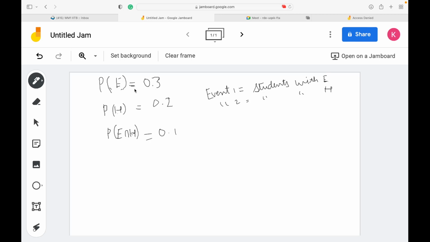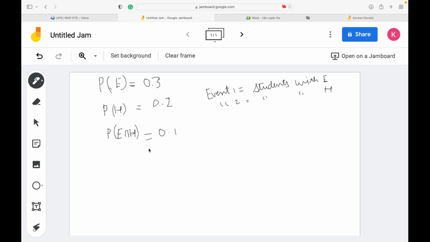Okay, so the probability of the students who offered the English course is 30%, so 0.3, and the probability that the students offered the Hindi course is 0.2, and the probability that the student is offered both English and Hindi is 0.1.